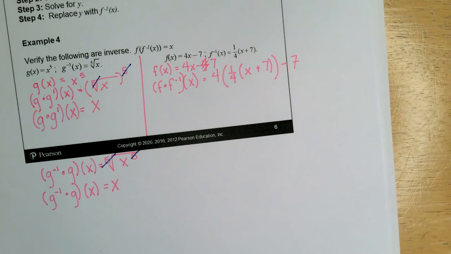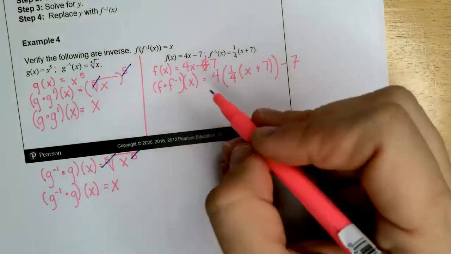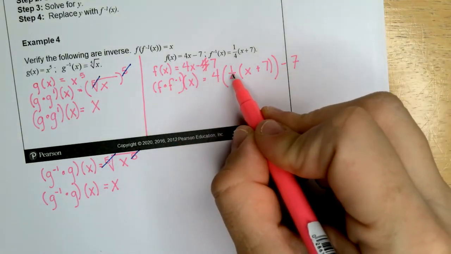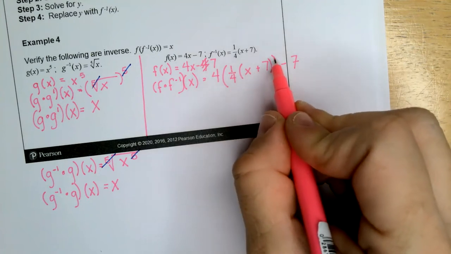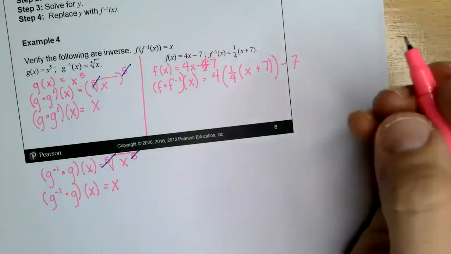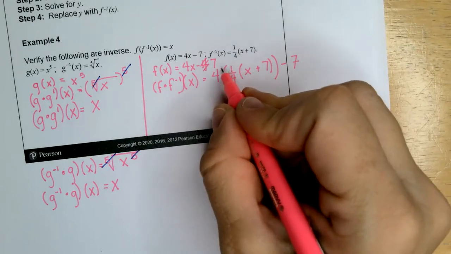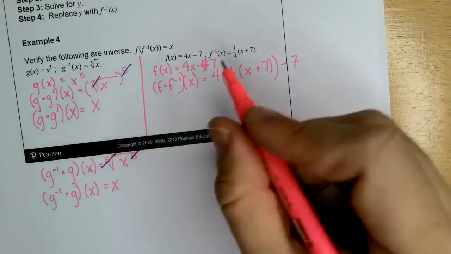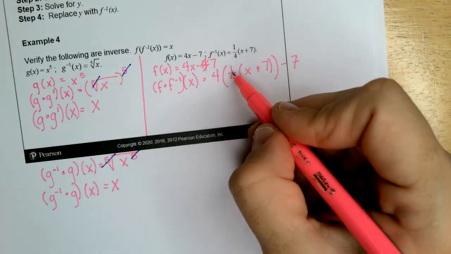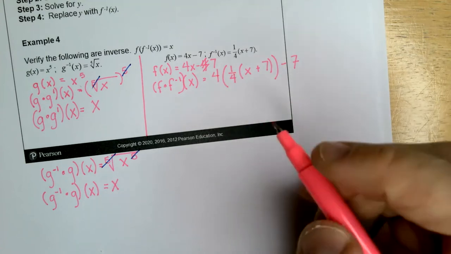Okay. So I can either distribute the 1/4 through here, or I can say the 1/4 and the 4 cancel each other out because this is being multiplied by 4 and this is being divided by 4, right?